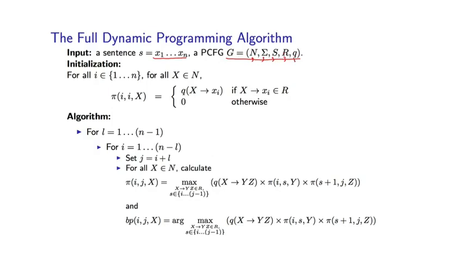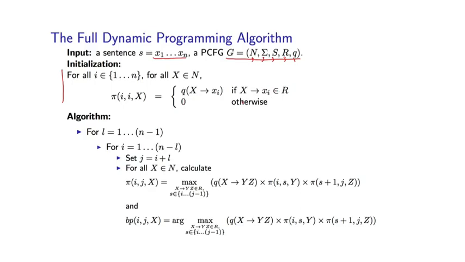And we're assuming, of course, that this PCFG is in Chomsky normal form. So the first thing we do is implement the base case of the recursion. So for i in 1 to n, for each non-terminal X, we define pi i,i X to be q of X goes to xi if that rule occurs in the grammar, and 0 otherwise. That's the base case I'd shown you earlier.